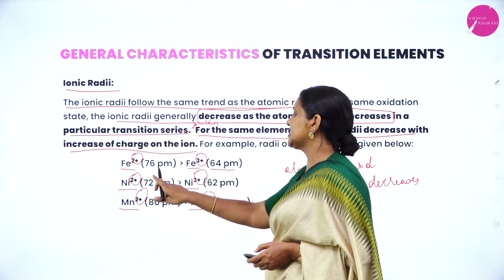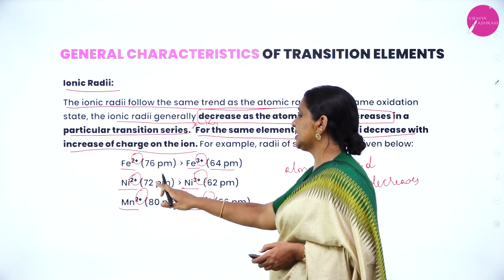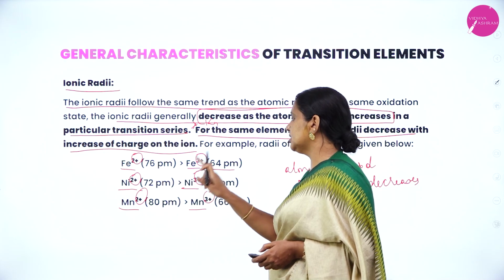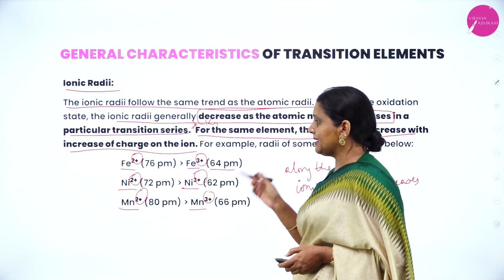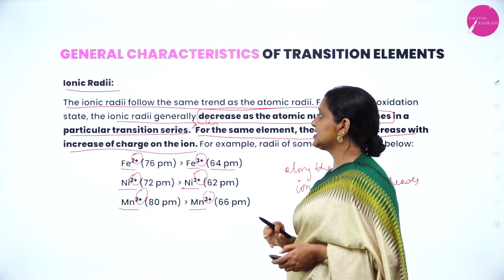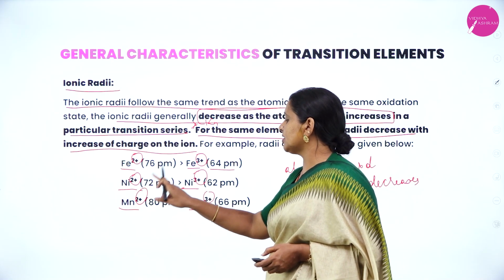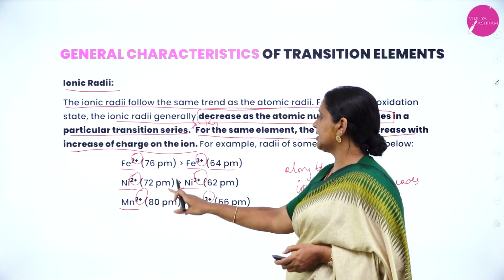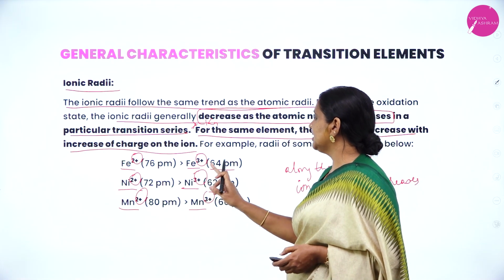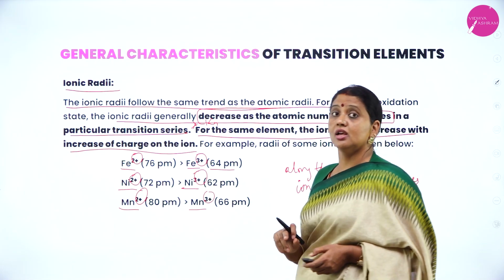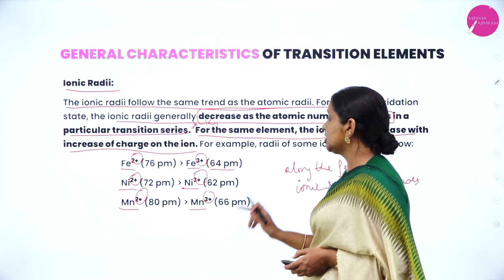Iron in +2 oxidation state, what is its ionic radii? 76 picometer. The same iron in +3 oxidation state, what is its ionic radii? 64 picometer. Nickel in +2 oxidation state, 72 picometer. Nickel in +3 oxidation state, 62.